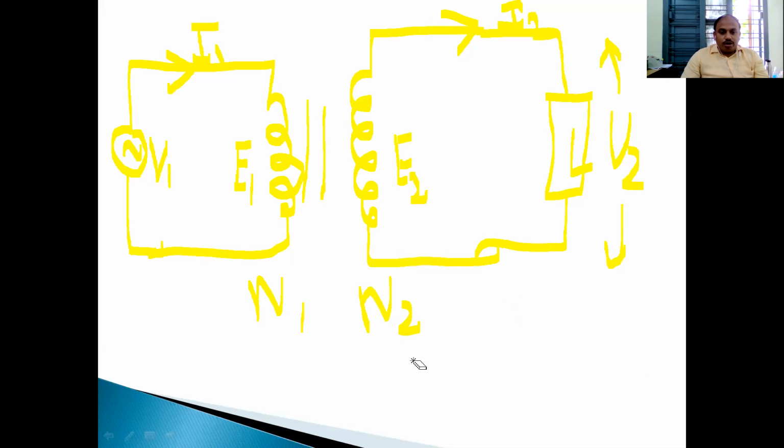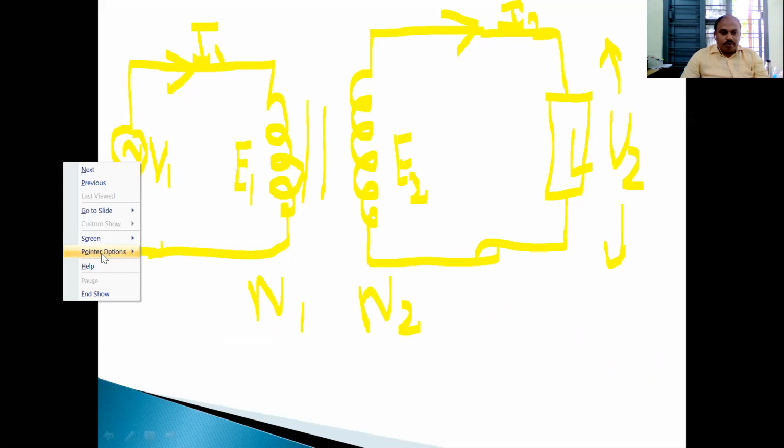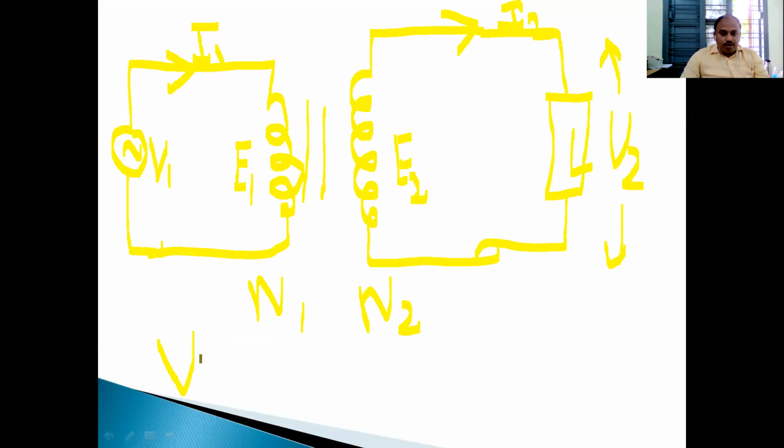Input power is given by V1 I1 cos theta 1, the input active power per phase for a single phase. This is equal to V2 I2 cos theta 2.